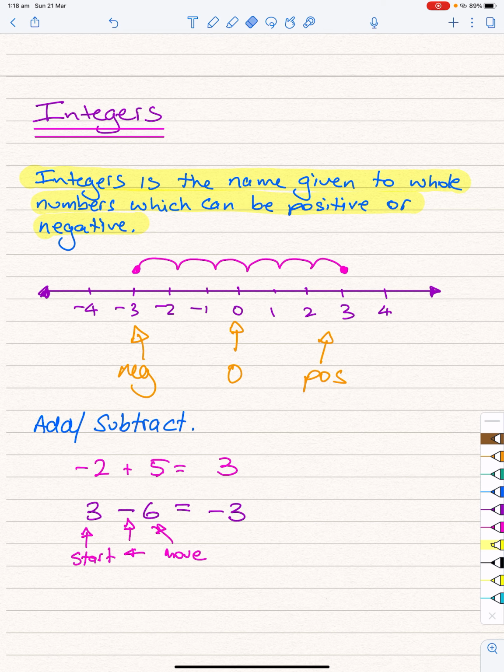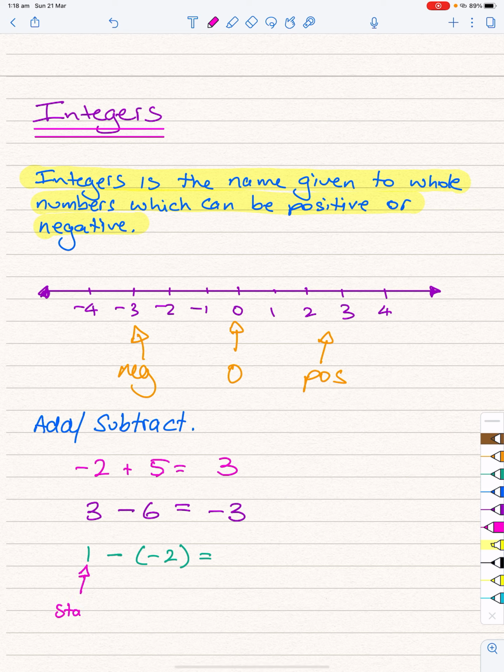So this is adding and subtracting. It does get a little bit trickier. So we'll take a look at another tricky kind of question by looking at, let's say, 1 take away -2. So 1 is my starting position. So if I go up to my number line, this is where I'm going to start. Take away means that I'm going left.